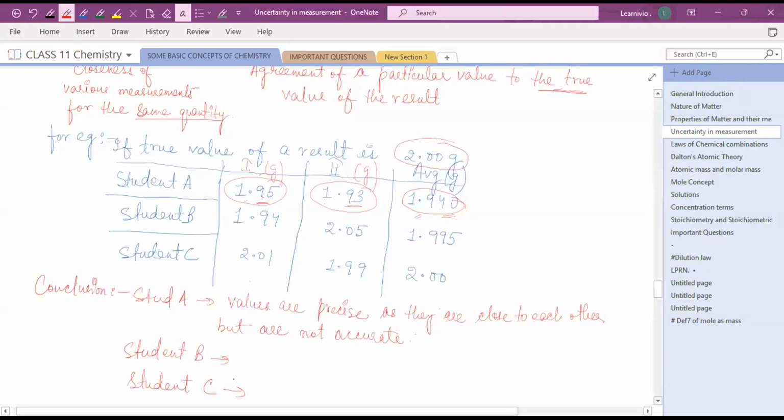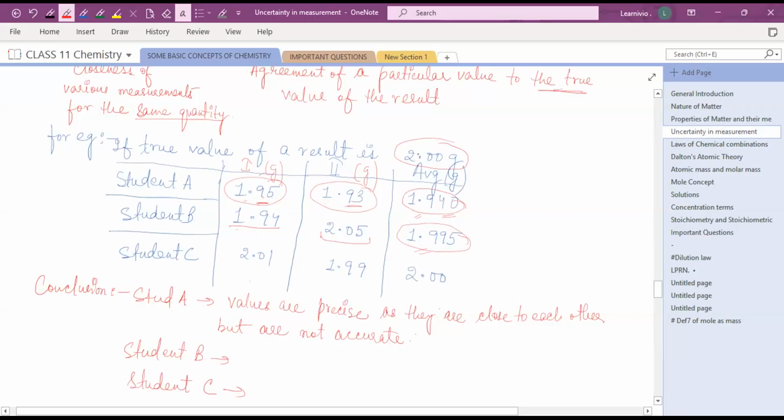Now for student B, the first reading is 1.94, but the second reading is 2.05. They are not close to each other, so these readings are not precise. And if you see the average, it also does not equal the true value.